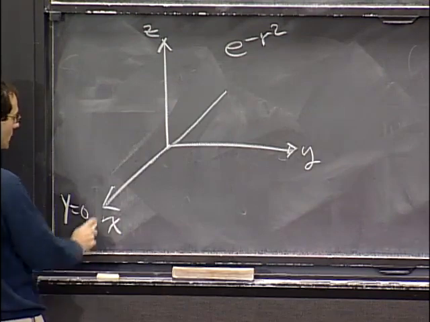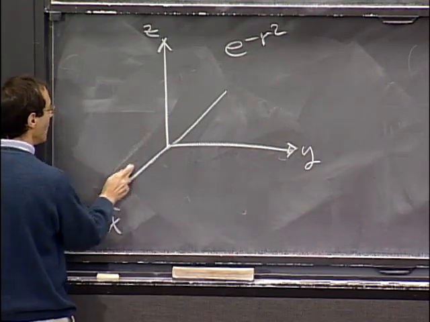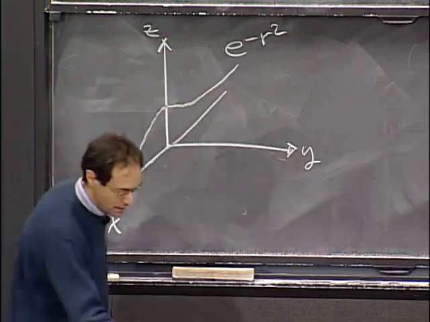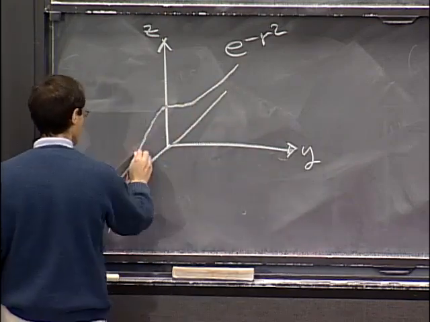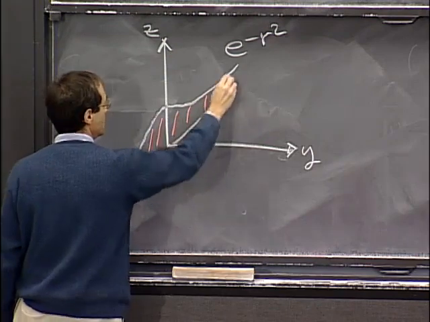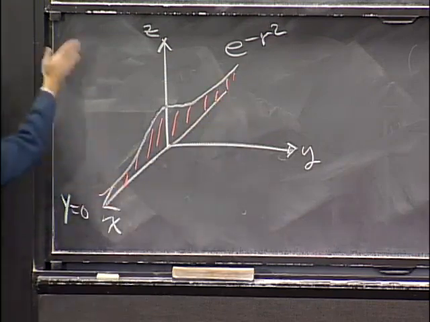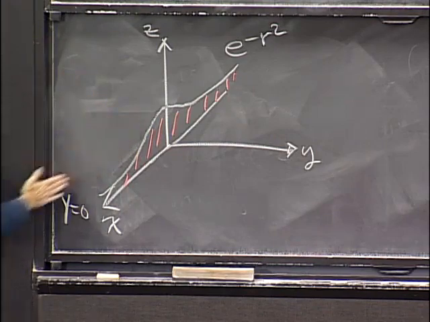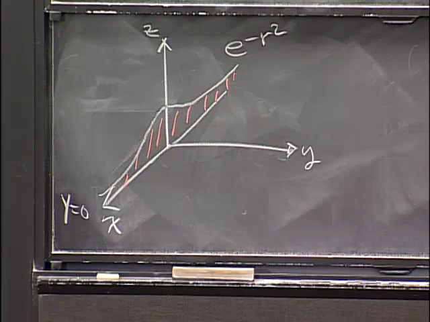And I claim that that goes up like this and then comes back down. And let me shade this in so that you can see what kind of a slice this is. This is supposed to be along this vertical plane here, which is coming out of the blackboard and coming towards you. And that's a slice.